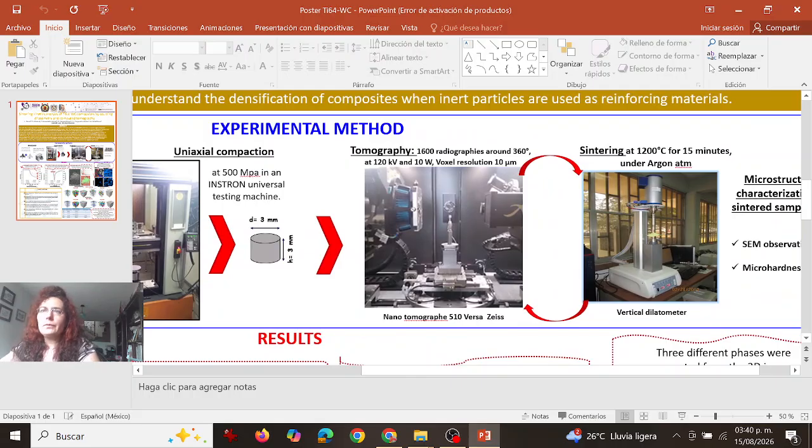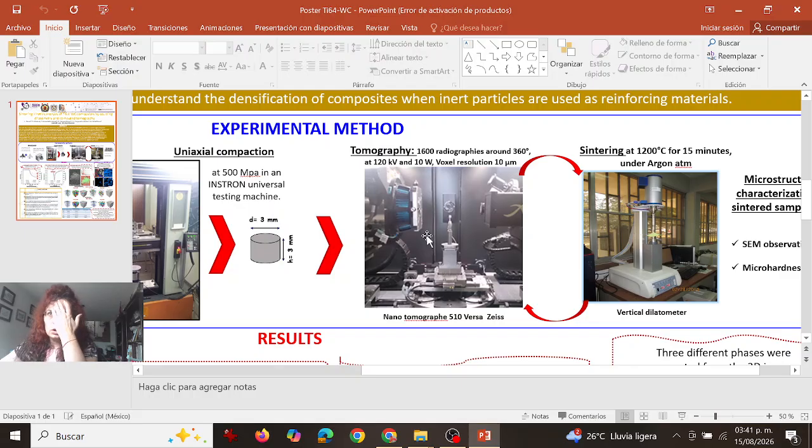The next step, we did tomographies of our samples. We used a nanotomograph, the model 510 Versa from Zeiss. Here we have an image of the interior of the tomograph. I have to mention that we took tomographies before sintering and after sintering.